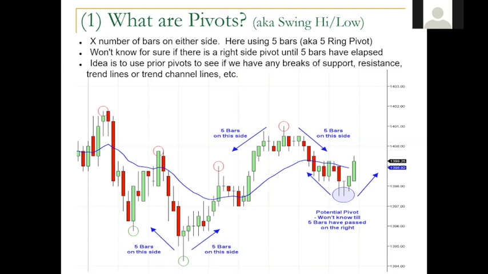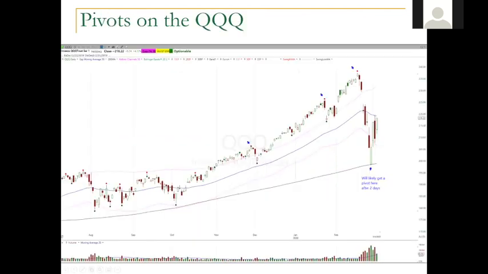The reason these become important is because these pivots are how we're going to draw the trend lines and the trend channel lines. We don't draw trend lines off of any other prices except these pivots. So we use these to draw our trend lines and trend channel lines. With that being said, let's do a live chart here. These are the cues, and you can see the red dots here refer to 5-bar pivots, so basically 5 bars on either side.